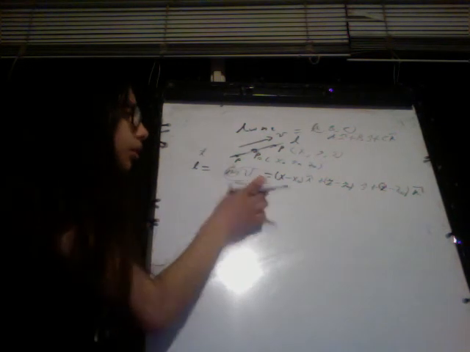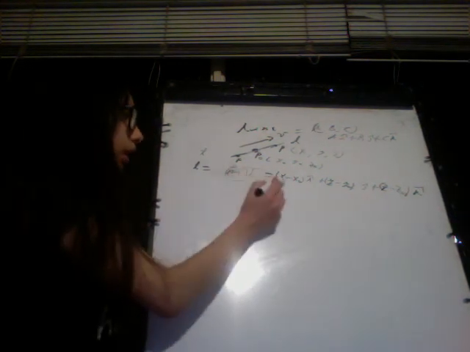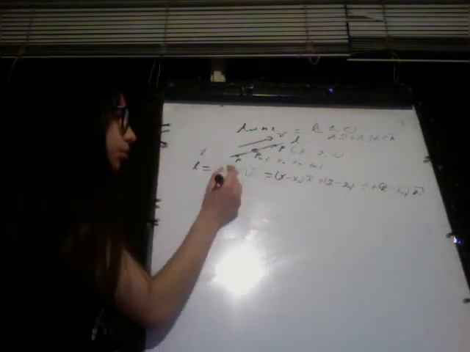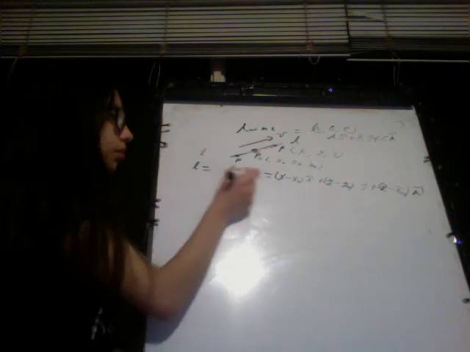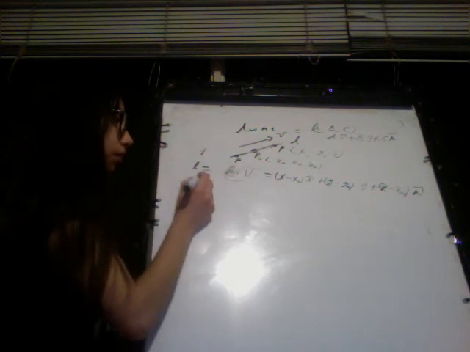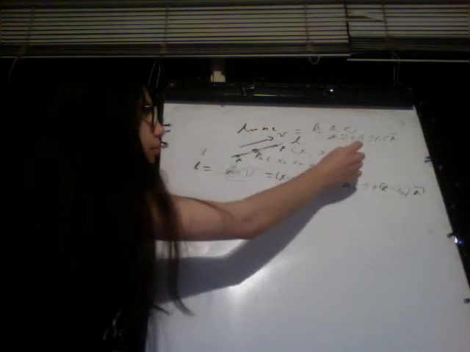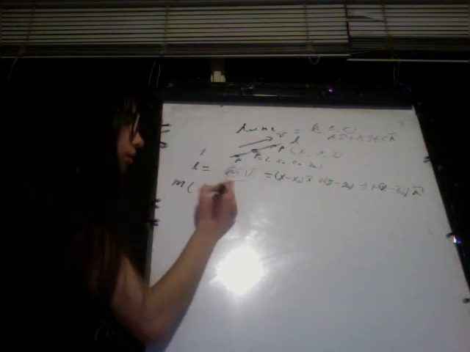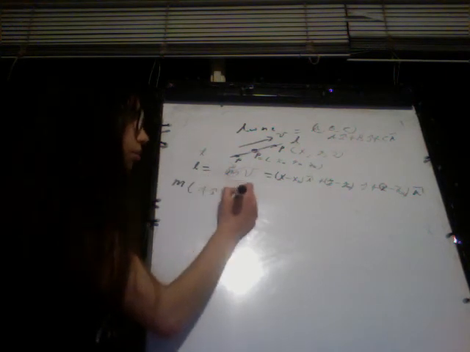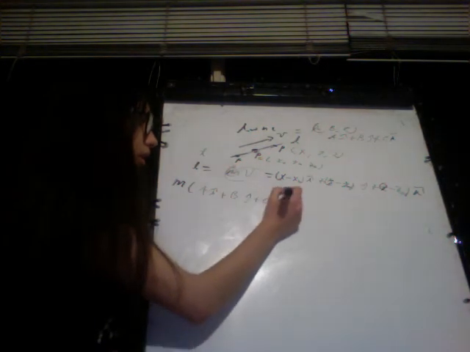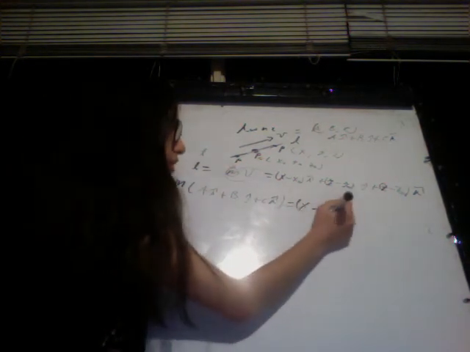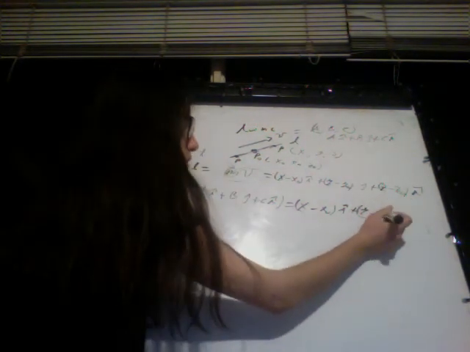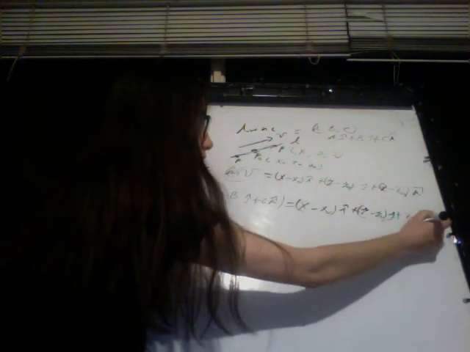Alright, so we have X minus X naught and Y minus Y naught. All this is equal to M times B, where B is A, B, C. So we have M times A i plus B j plus C k is equal to X minus X naught i plus Y minus Y naught j plus Z minus Z naught k.